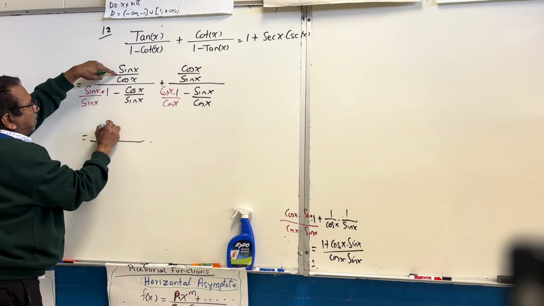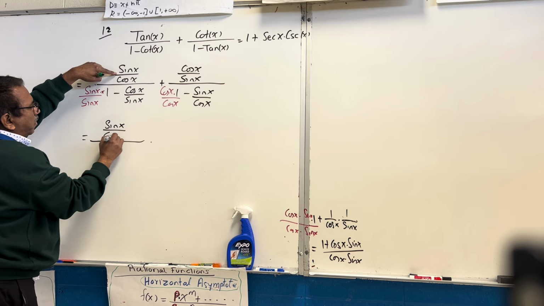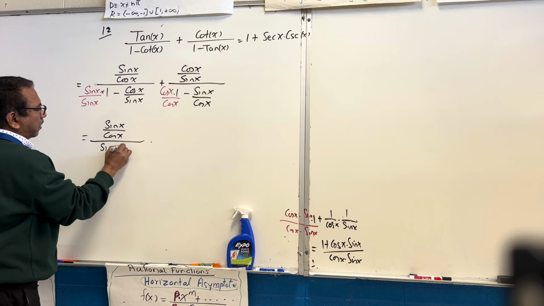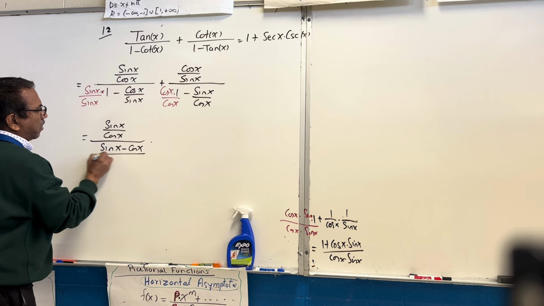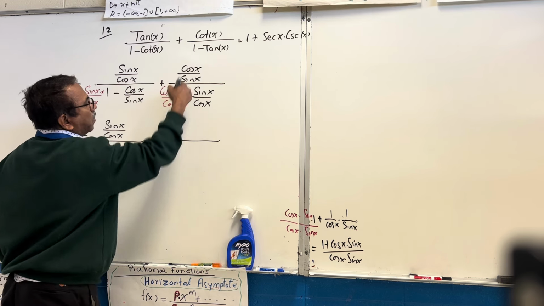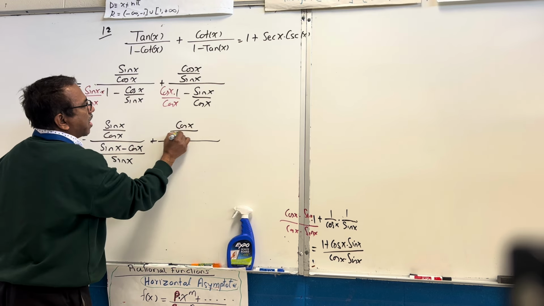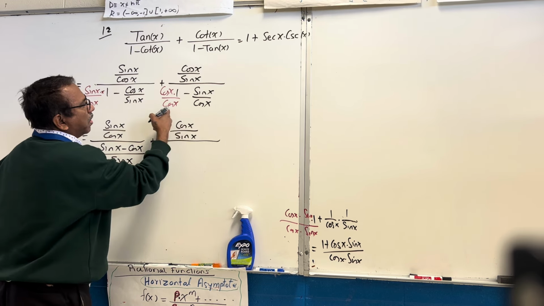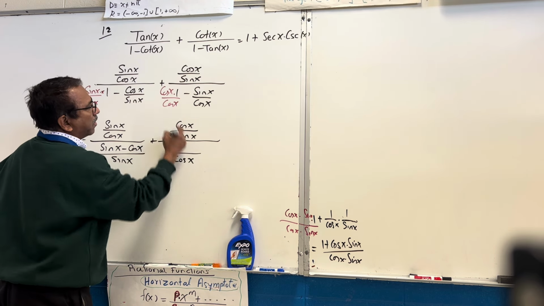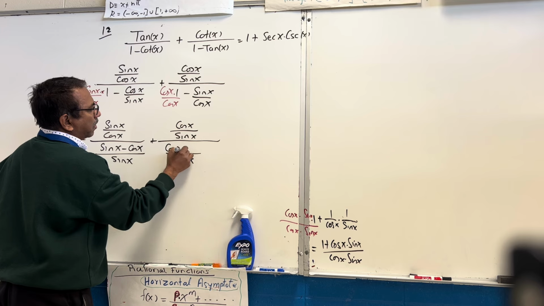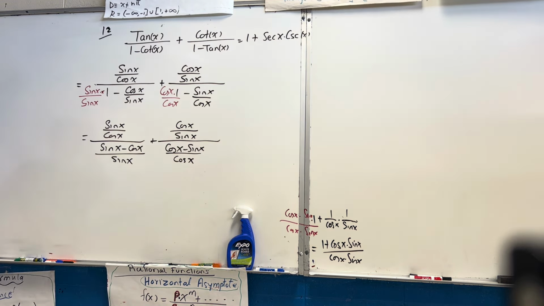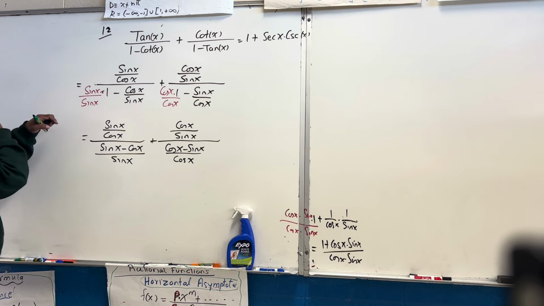This stays the same, and this will be sine x minus cosine x over sine x. And this side, cosine x over sine x will stay the same, and then the denominator is cosine of x, and it's cosine minus sine x, right? Now we need to use keep, change, flip.